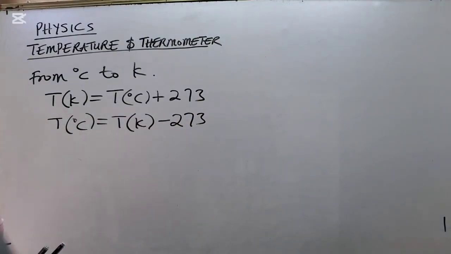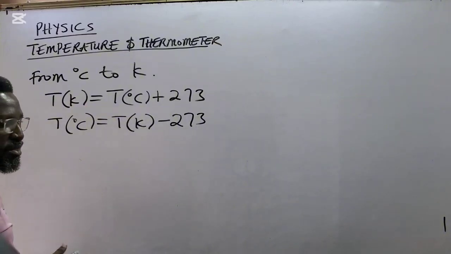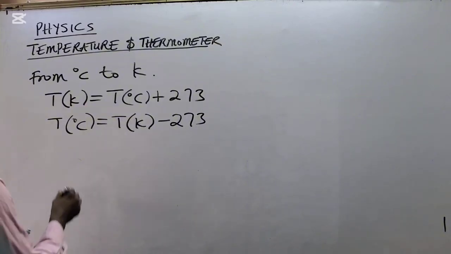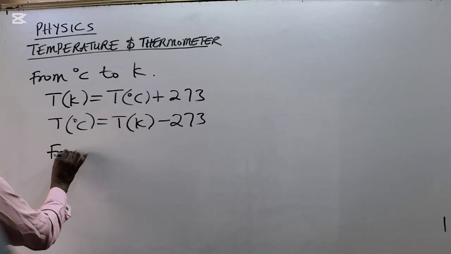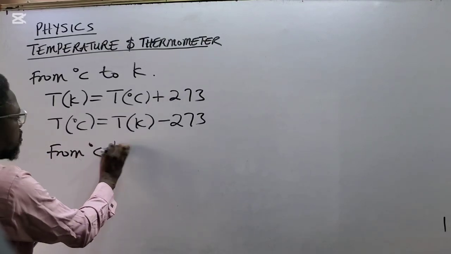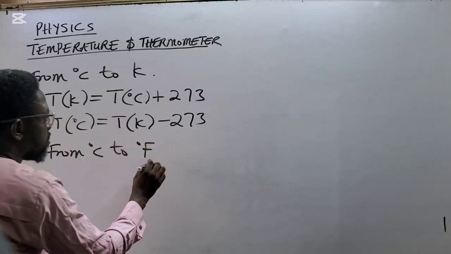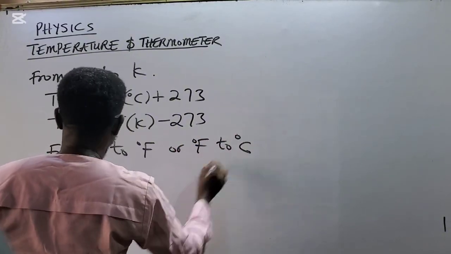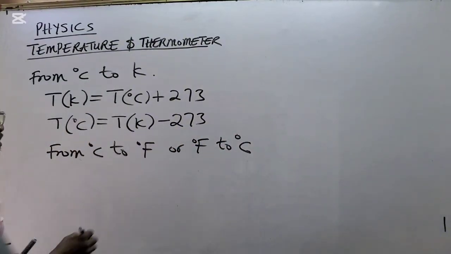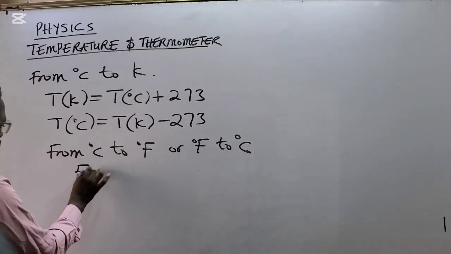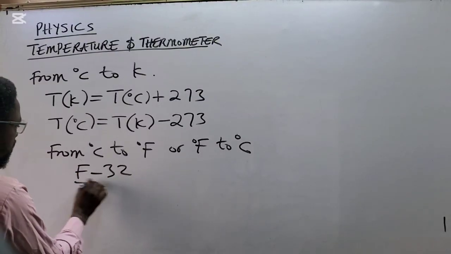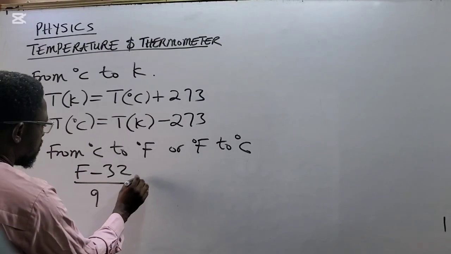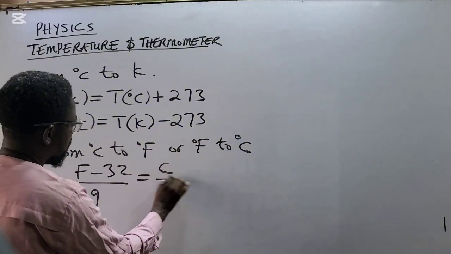If you want to convert from degree C to Fahrenheit, or Fahrenheit to degree C, there's a simple formula you just use, which is (F minus 32)/9 equal to C over 5.